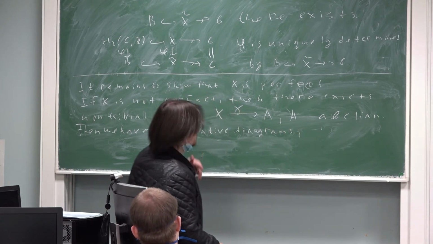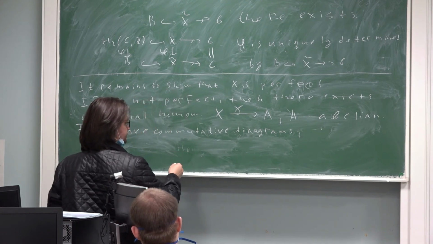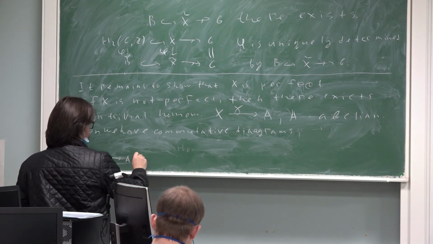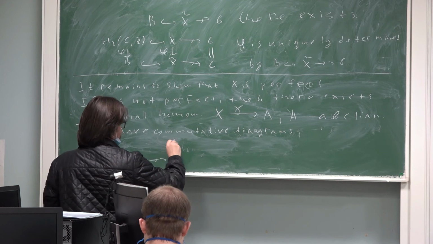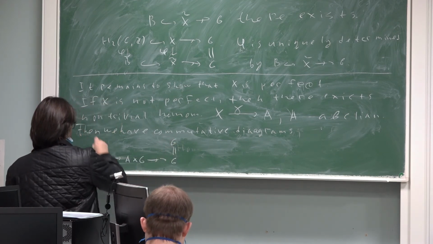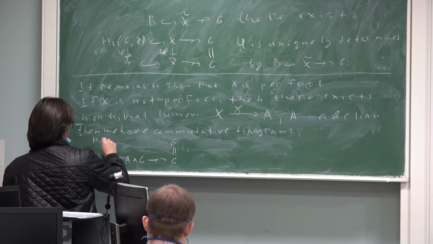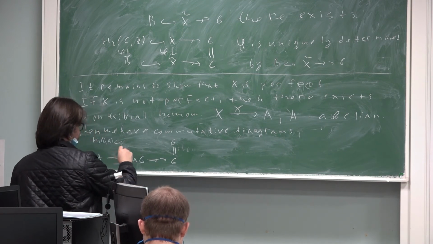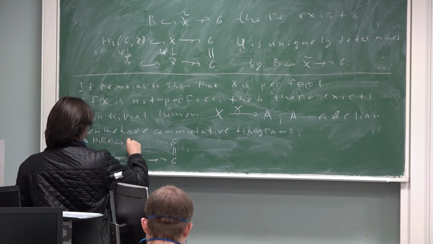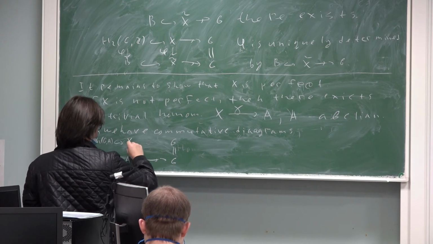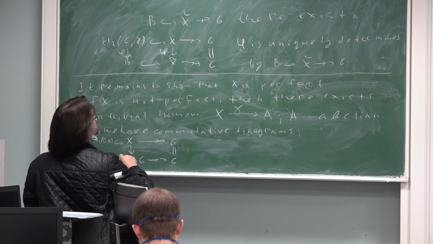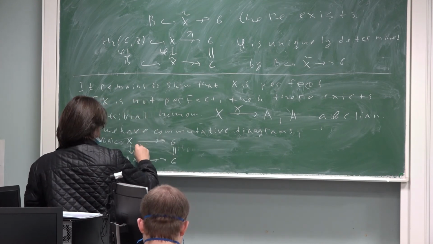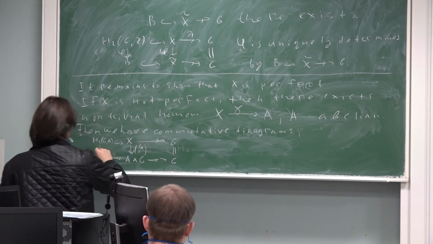Well, first of them is A times G, here G, here H2 of G, A, here X, and here, let's do not this pi, yes. So it is 1a pi, and here y and a.